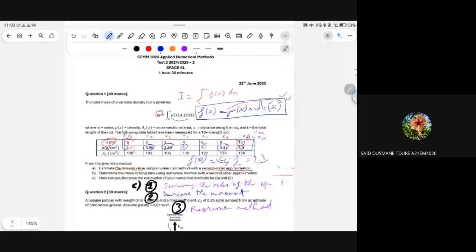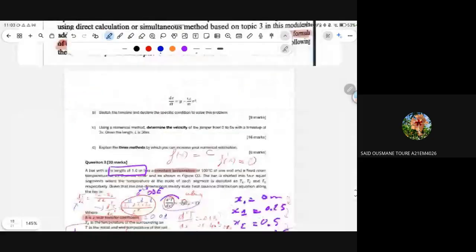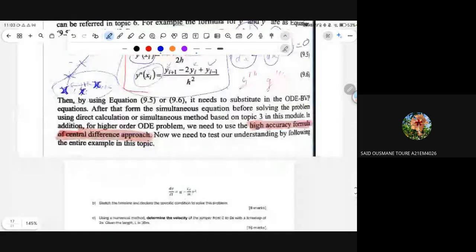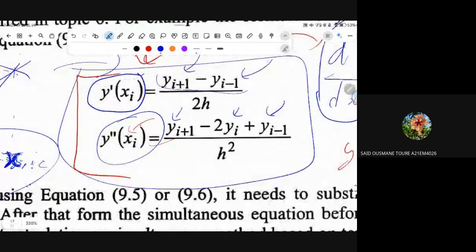It's exactly similar to what you learned here in differentiation. Yes, this one. You just use this formula. Understand or not? That's the differentiation. Numerical differentiation. That's what it is. Is it clear, guys? It is actually very easy.